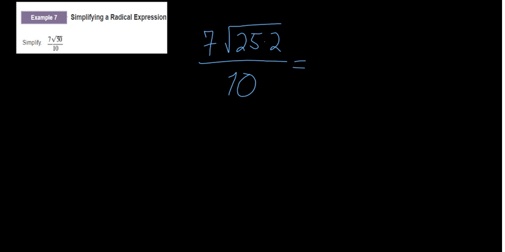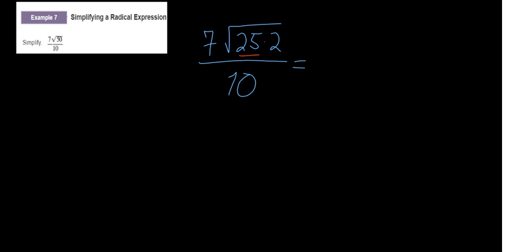So we're gonna have 7 on the square root of 50. Well, we've already done a square root of 50, right? We know that we can break this down into 25 times 2 over 10. We can take the square root of 25 out, so let's keep consistent and just underline that 25 there.